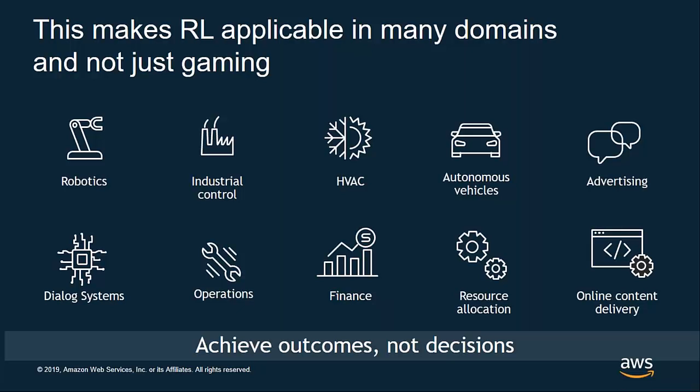Some examples would be robotics, industrial control, HVAC systems, autonomous vehicles, as well as other areas where we may currently be using dynamic programming, such as resource allocation or capacity planning operations, as well as dialogue systems or customer engagement use cases where you want to decide when's the right time to send a notification to a customer and what content you should recommend, and so on.